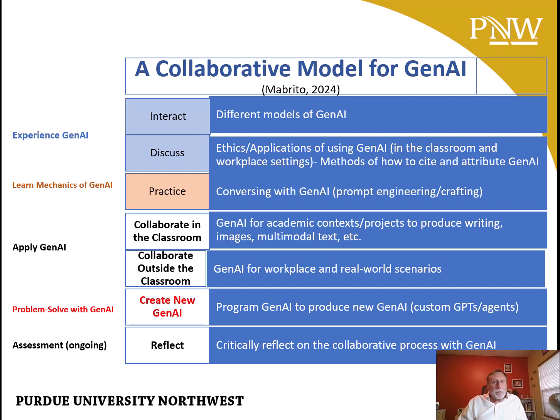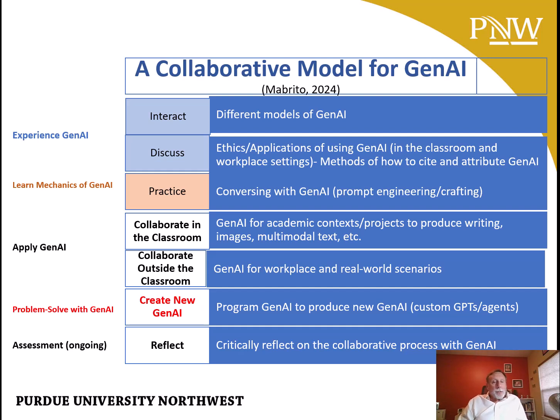So we can have this conversation with students. Well, what are the applications of generative AI? What are the ethics of using generative AI? How do we cite and attribute generative AI, which is important, right? We're not just using it without attribution. If we use it, we're going to acknowledge that.